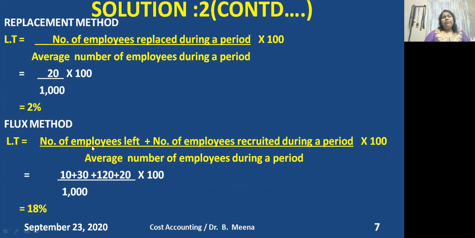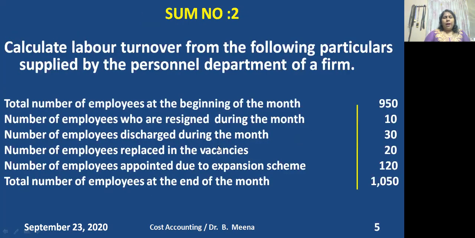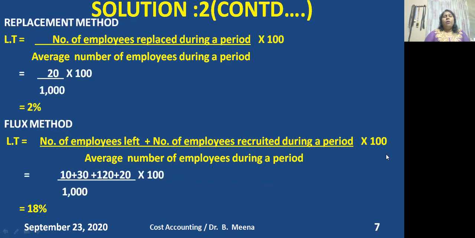How many of them left, how many of them were recruited. So for the flux method formula, I'll consider the left, totally 40, 10 plus 30. And how many of them were recruited means not only should I consider the replacements, but also the employees recruited for the expansion scheme. So totally, how many of them were recruited? 20 plus 120 I will consider for the flux method.